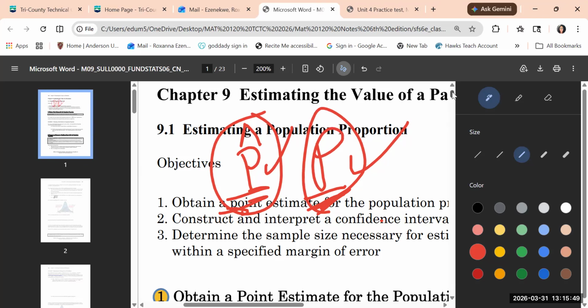For example, if you're told to find the average salary of all nurses in the United States, there's no way you can go to all the houses and knock on the door to find the average salary of all the nurses. You will not be able to do that. But what you can do is go to maybe five states.